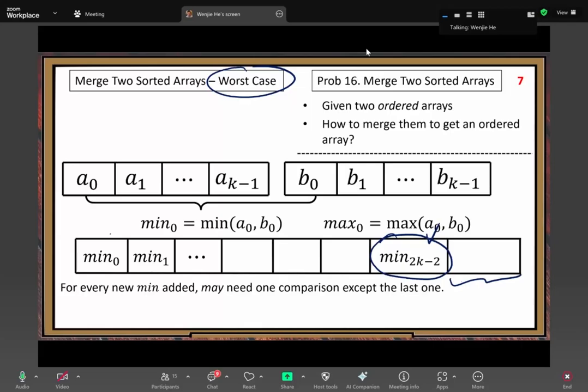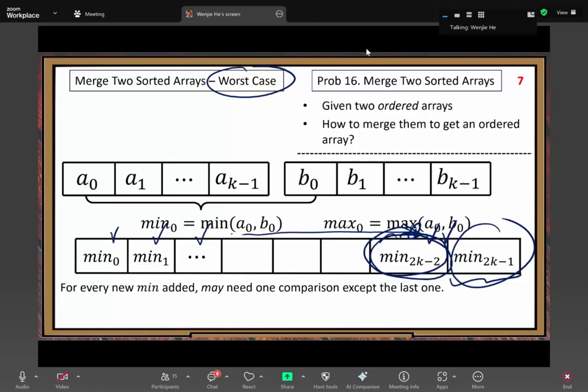You need to do comparisons from the beginning all the way to the second to last element, because for the last one we do not need any. That's the last comparison. Then we can count. You need to count how many comparisons.